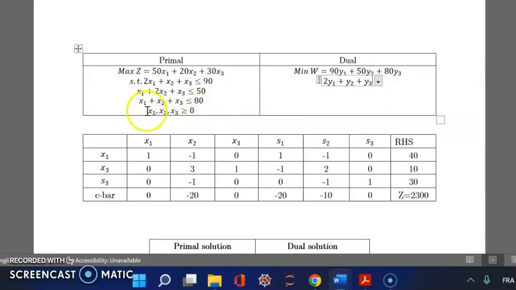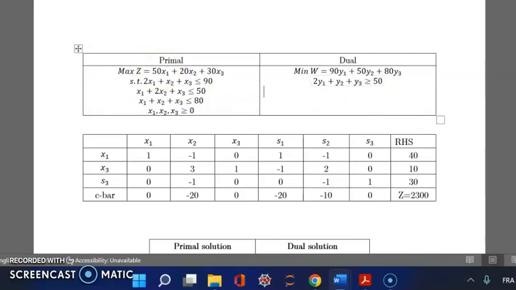We can see that x1, x2, and x3 are greater than or equal to 0. So all the constraints in the dual are going to follow the canonical form of minimization, which is greater than or equal, and the right hand side is going to be the coefficient of the first variable in the primal. So greater than or equal to 50.